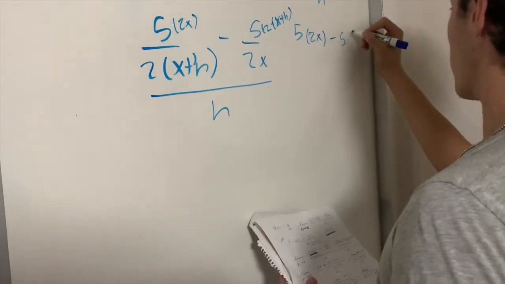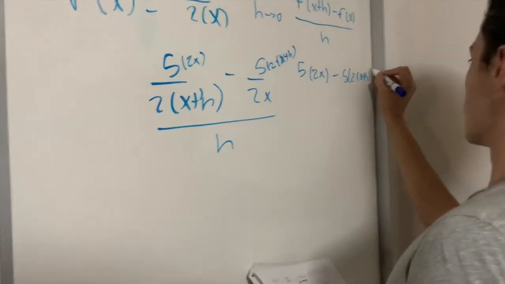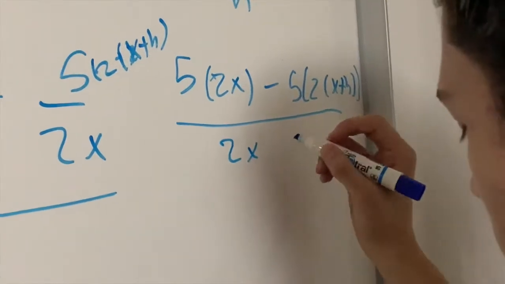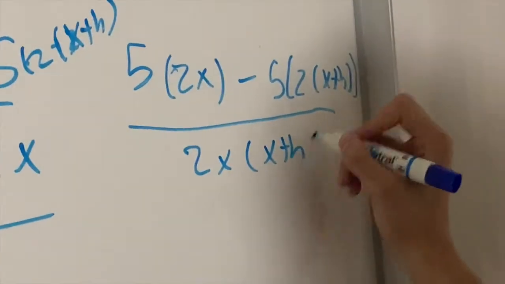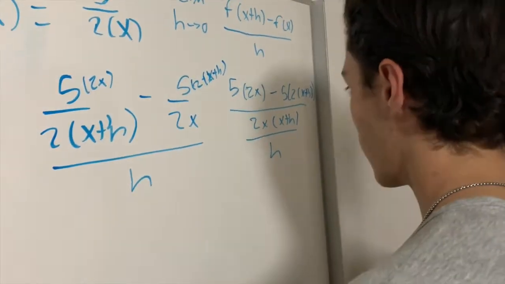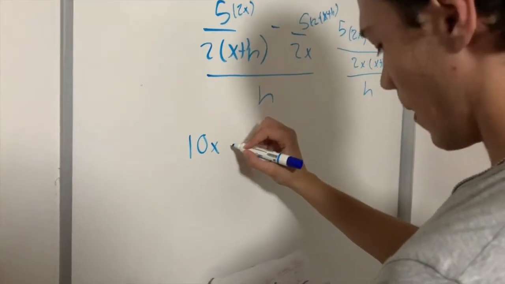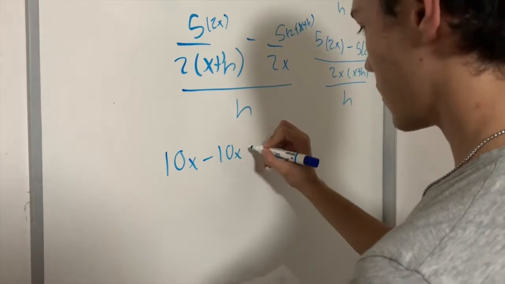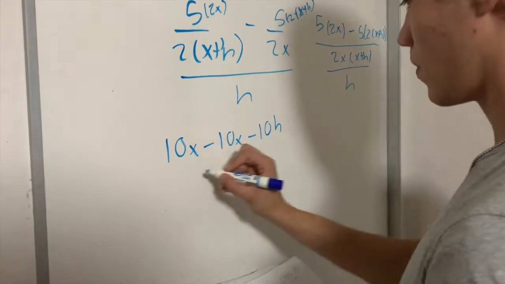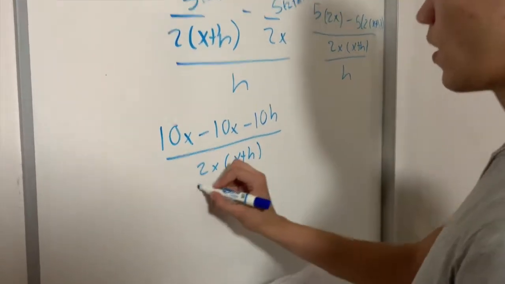So it's going to give us 5 times 2x minus 5 times 2 times x plus h, over 2x times x plus h, over h. So now we're going to multiply to find the common terms, and it is going to give us 10x minus 10x minus 10h over 2x times x plus h over h.